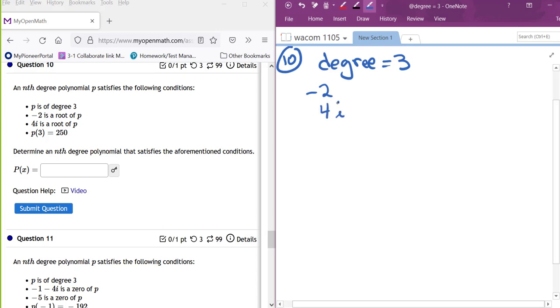Right, and there's a theorem that you have to know here because they only told you 2. And the theorem is if you get any complex roots, you also get the conjugate of that root.